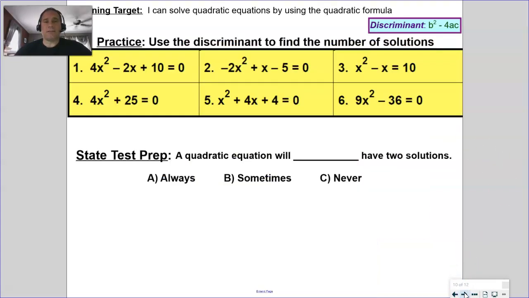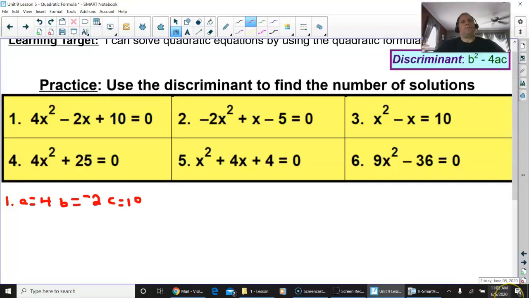And we are going to practice right now figuring out the discriminant and the number of solutions. So we're going to use the discriminant of b squared minus 4ac for every one of these problems.